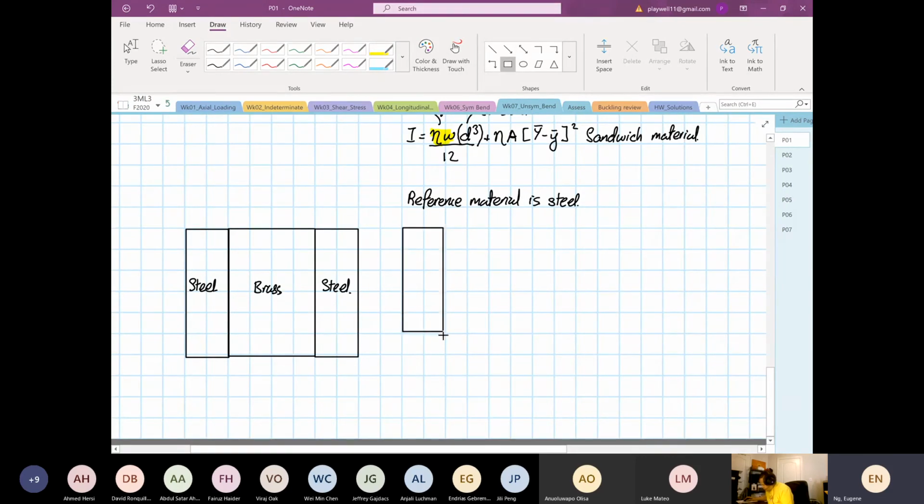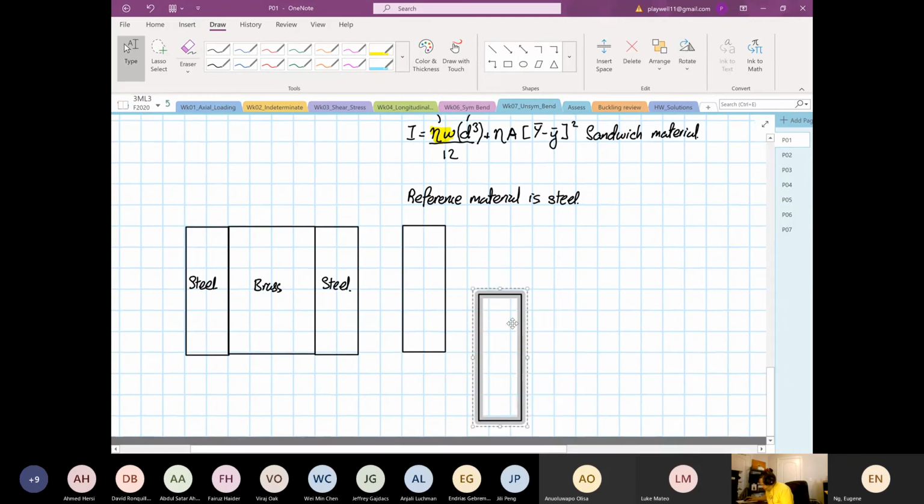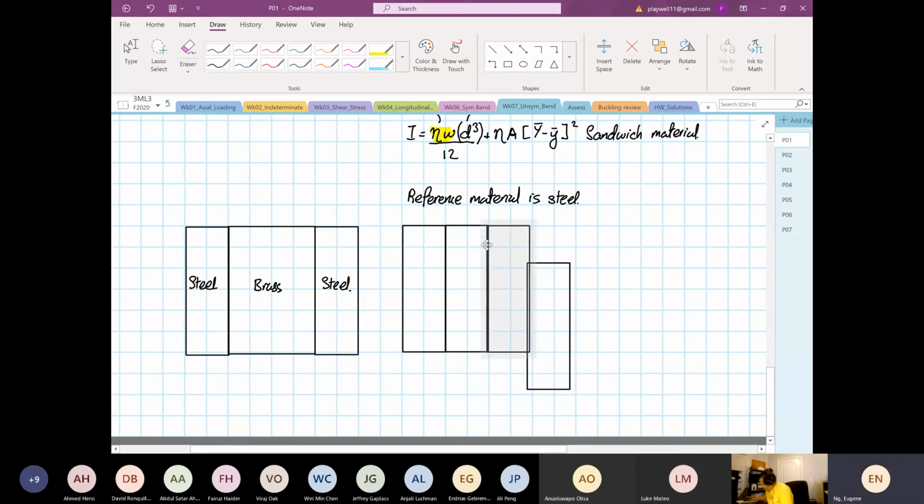Now all is steel. What you realize is the height did not change, only the thickness changed. So this is the brass equivalent to steel.